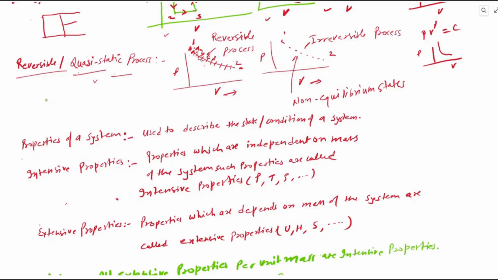Both system and surrounding. For example, this is a process A to B, when we reverse it, the system and surrounding will restore the initial state.